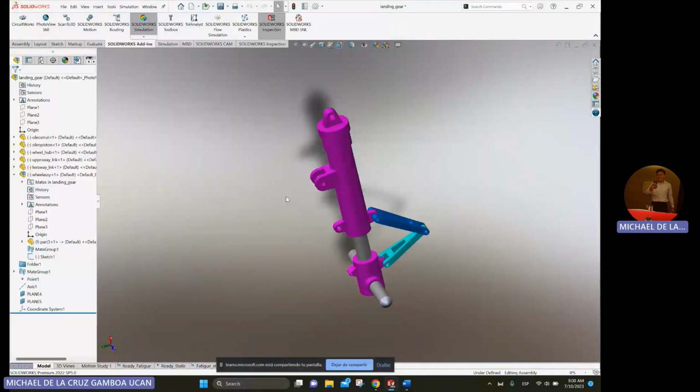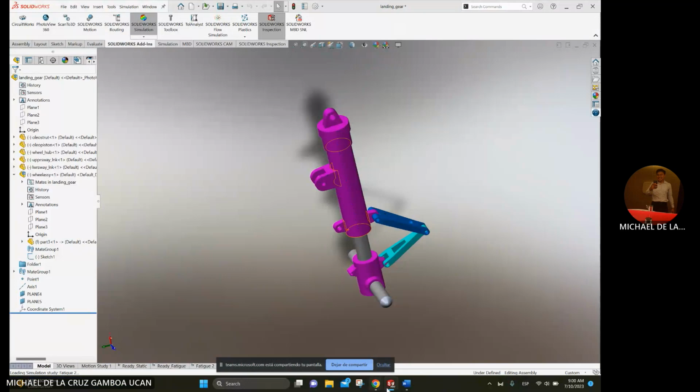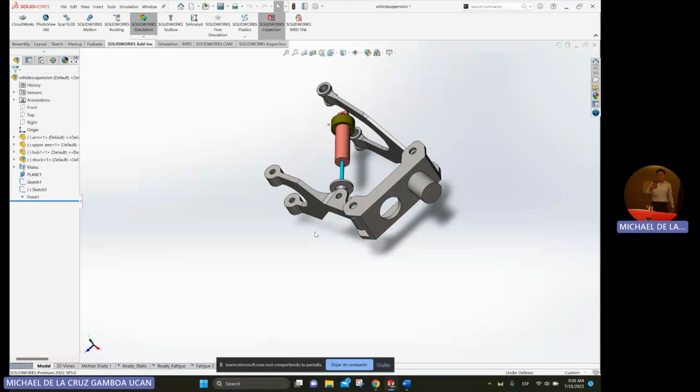Okay. And first is fatigue analysis of a landing gear. Second is a fatigue check layout of the suspension system of a vehicle.